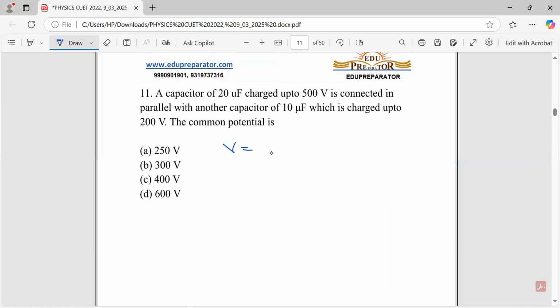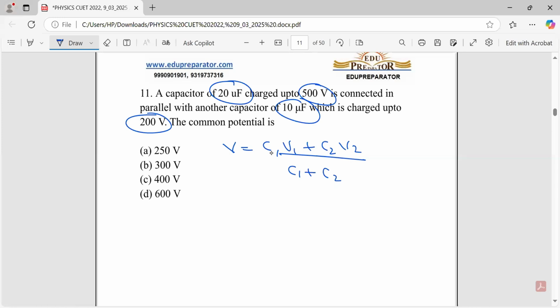That is, V is equal to, whenever you connect two charged capacitors, C1 V1 plus C2 V2 divided by C1 plus C2. So no need to put in unnecessary effort. You are given C1, you are given V1, you are given C2, you are given V2. So put the values and you'll be getting the answer, that is 400 volt.